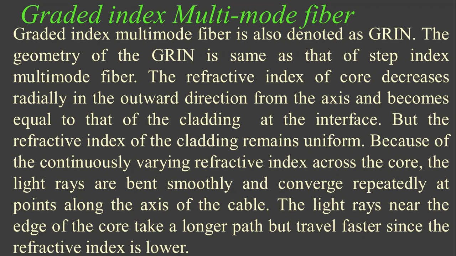But the refractive index of the cladding remains uniform, and because of the continuously varying refractive index across the core, the light rays are bent smoothly and converge repeatedly at points along the axis of the cable.